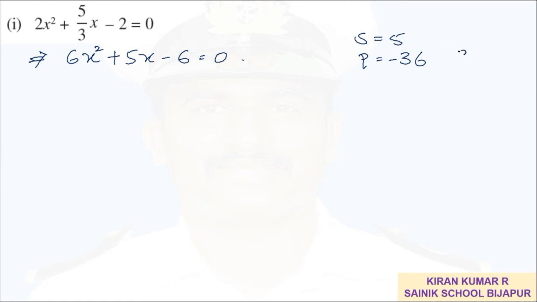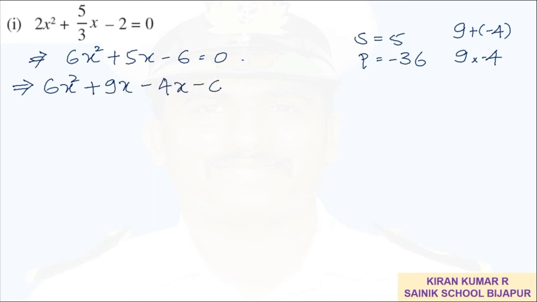We all know 9 fours are 36. So if you do 9 into minus 4 and if you do 9 plus minus 4, we get the given sum and the product. Therefore, splitting the middle term, we split the middle term as positive 9x, negative 4x, minus 6 equal to 0. Now group them.